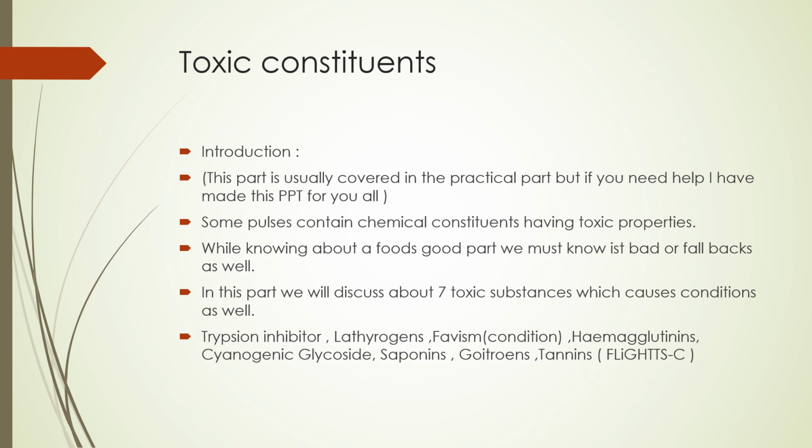While knowing about a food's good part, we must also know about the bad part, the drawbacks as well. In this part we will discuss 7 toxic substances which cause conditions as well.